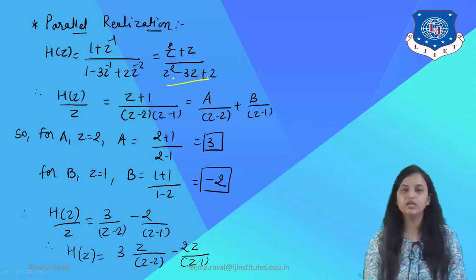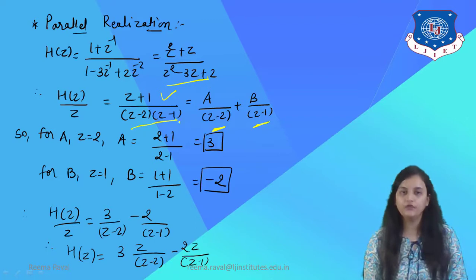Now, as we have seen in the Z transform chapter, to find the partial fraction expansion, we take on the left hand side h of z by z. That will give on the right hand side z plus 1 upon z minus 2 into z minus 1. We have two factors, z minus 2 and z minus 1, so we will take two constant values, a upon the first factor plus b upon the second factor.